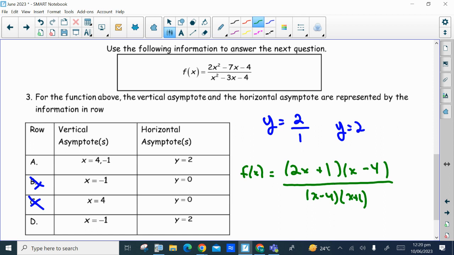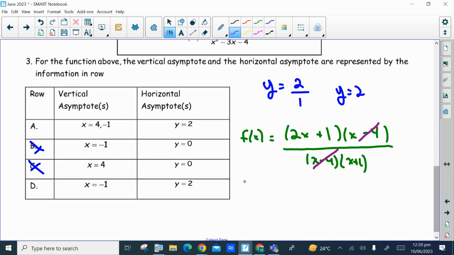That gives you the -7x in the middle. And then what happens is that the x minus 4's cancel. And remember, when that happens, that means there's a point of discontinuity at x equals 4. That's what happens when the factors cancel. It tells us where our point of discontinuity is.